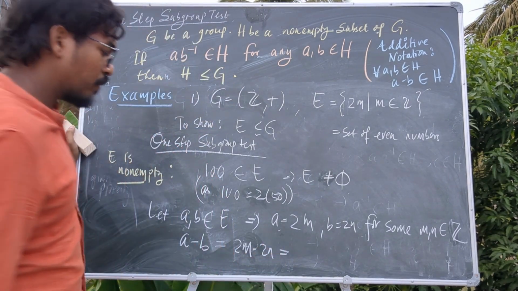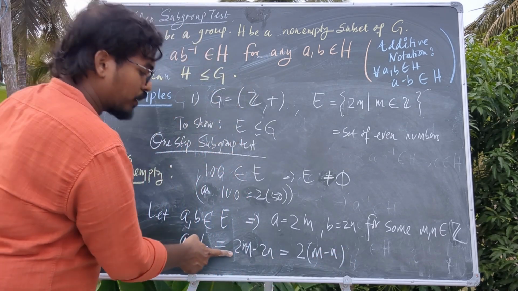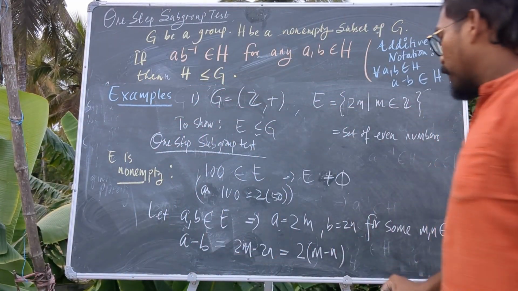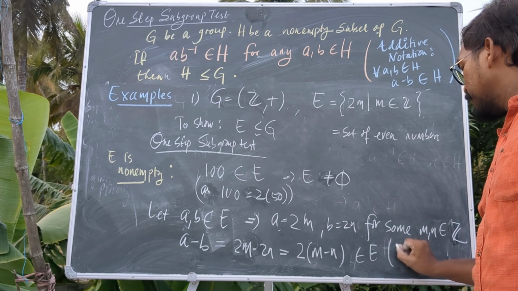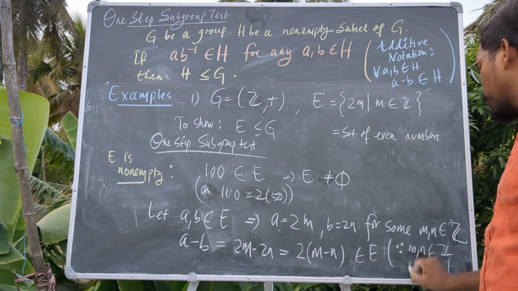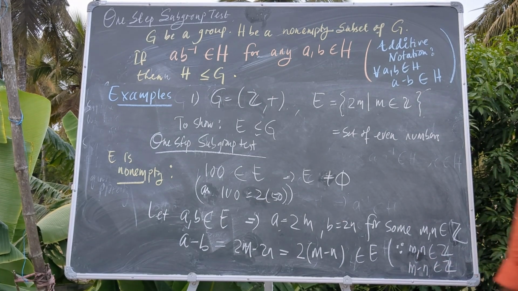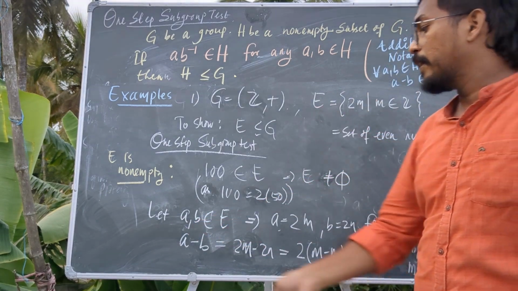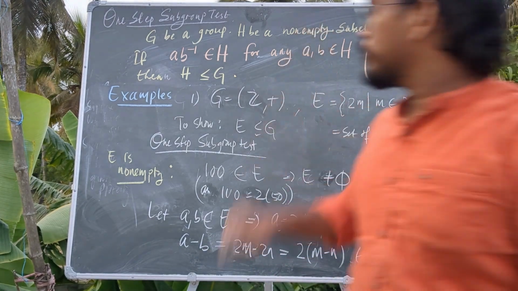I can take 2 common because we are in the integers, giving 2 times m minus n. Since m and n belong to the set of integers, m minus n belongs to the set of integers. So we have taken two elements from E and their difference a minus b is also in that set.